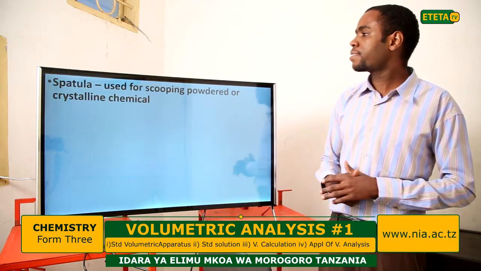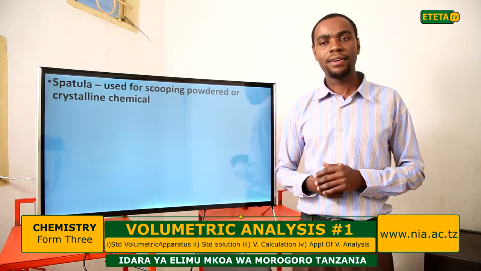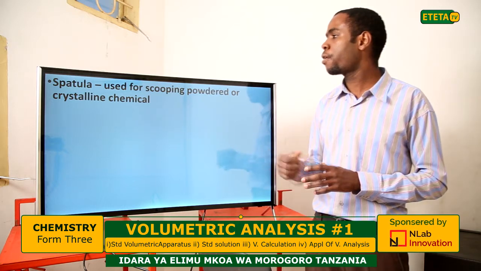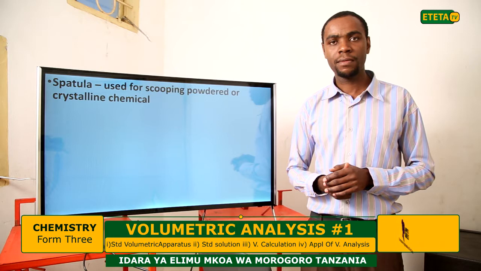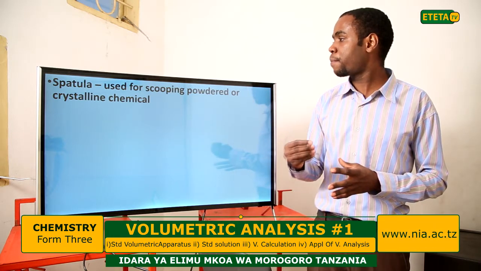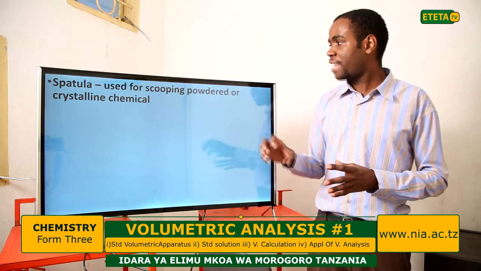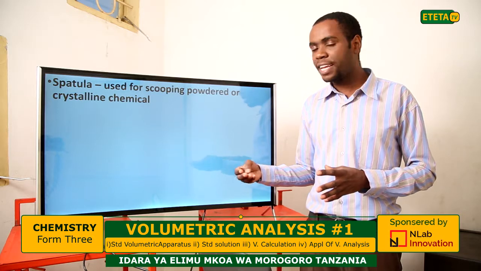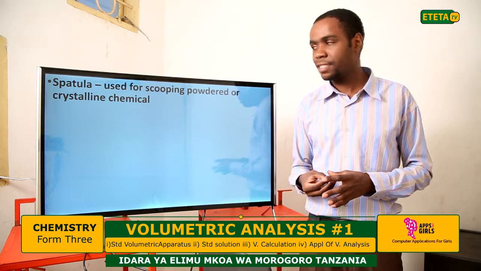Now, another apparatus is called the spatula. What is its function? This one is used to scoop powdered or crystalline chemicals. As you are doing an experiment, it is strictly prohibited to touch or to scoop the chemicals by bare hand.